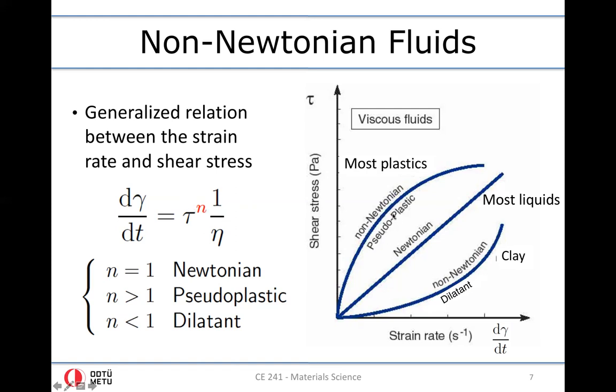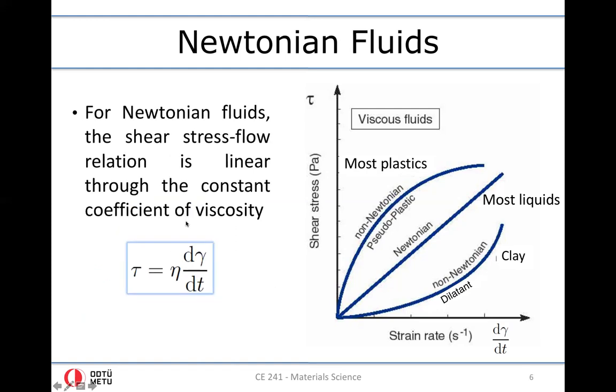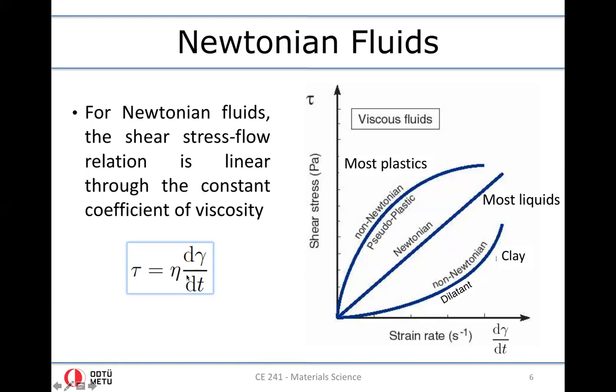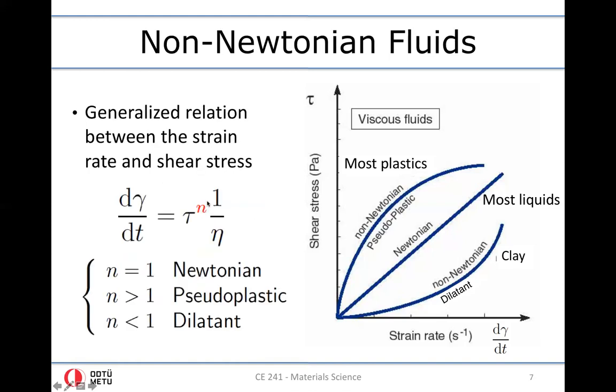So all these three curves can be at least qualitatively expressed mathematically in this formula. If you just go back and rewrite this expression by dividing both parts by eta, and put an exponent n on the shear stress tau, we see that when n is equal to 1, the response is Newtonian.